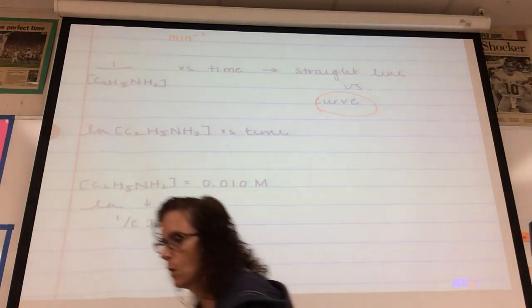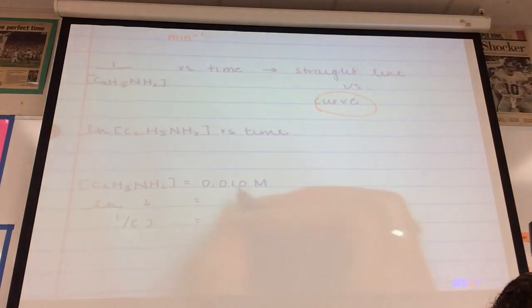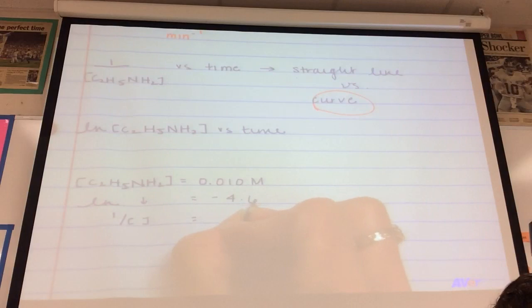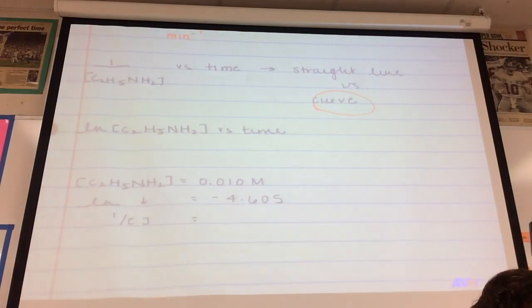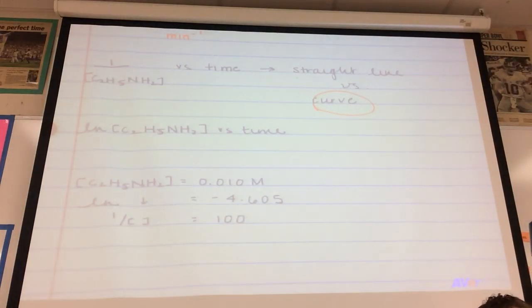My calculus is old, but no way. So if you had ln of 0.01, that would be this. And if you had 1 divided by that, the reciprocal, you'd have that. So I was thinking the derivative, which is kind of irrelevant and stupid. So, no, you're fine. But it's not.